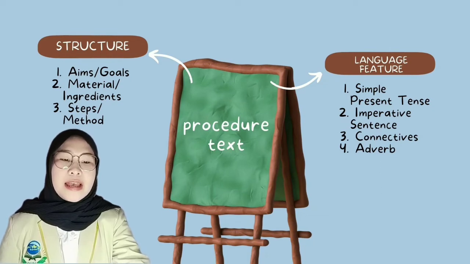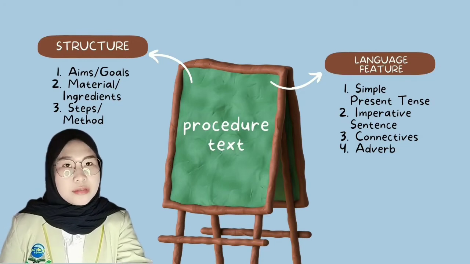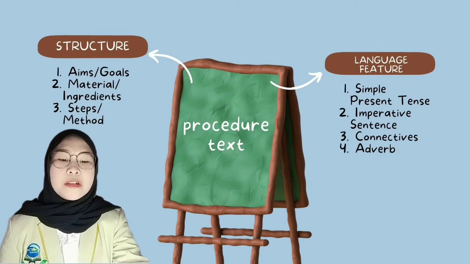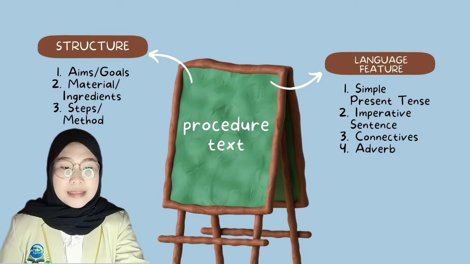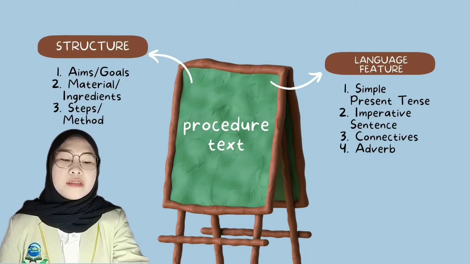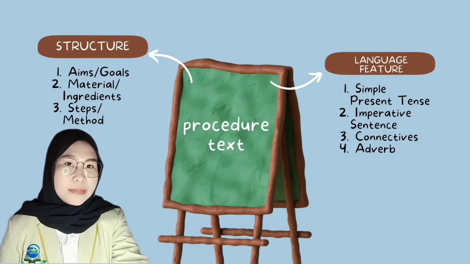After knowing the aspects contained in procedure text, now let's learn about the rules of language. What are the linguistic rules of procedure text? Let's discuss it. First is simple present tense. Procedure text must be written using the simple present tense, because in procedure text there are fixed sentences about how to make or do something.